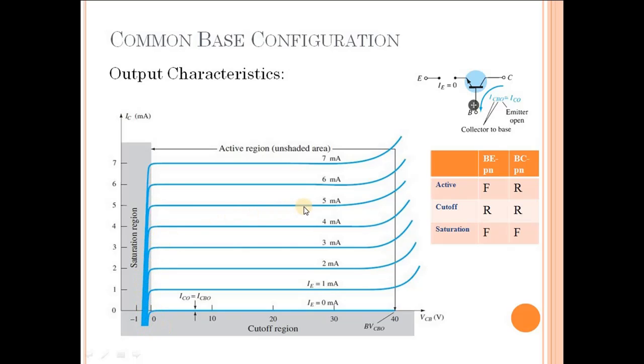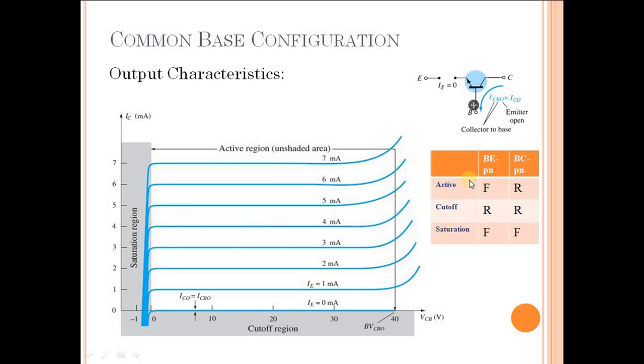So for any curve corresponding to some value of IE, whether it may be 6 milliampere, 5 milliampere or 4 milliampere, whichever curve you select in the saturation region, you will see an exponential rise of collector current with increase in VCB towards 0 volts.